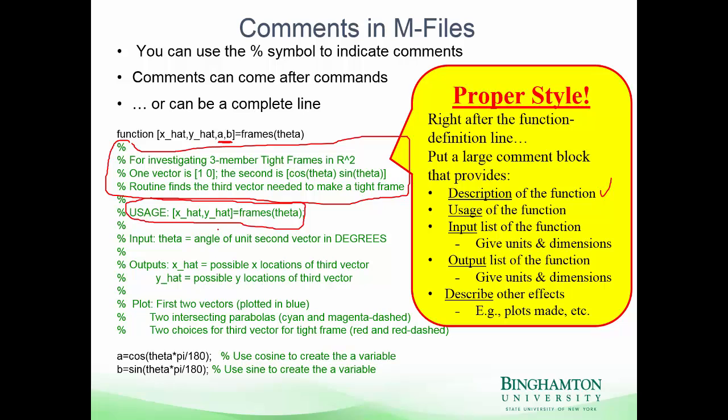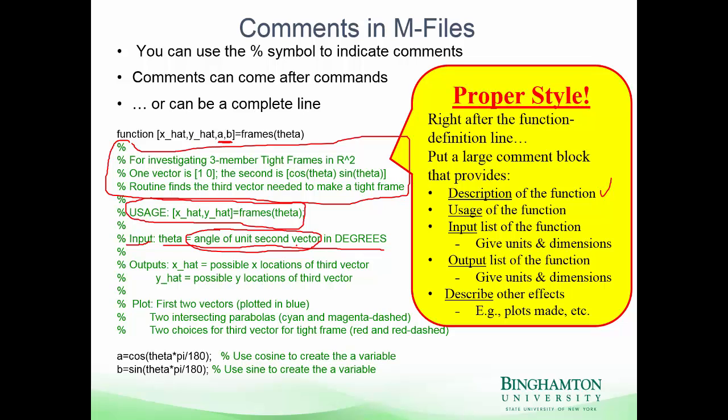Then the next thing we're going to do is have an input list. Since there's only one input here, we just have a single thing. You just explain what that variable theta is. I'm telling you it's the angle of the unit second vector. We're going to create a bunch of vectors in this function, and this is just telling us what it's going to do.